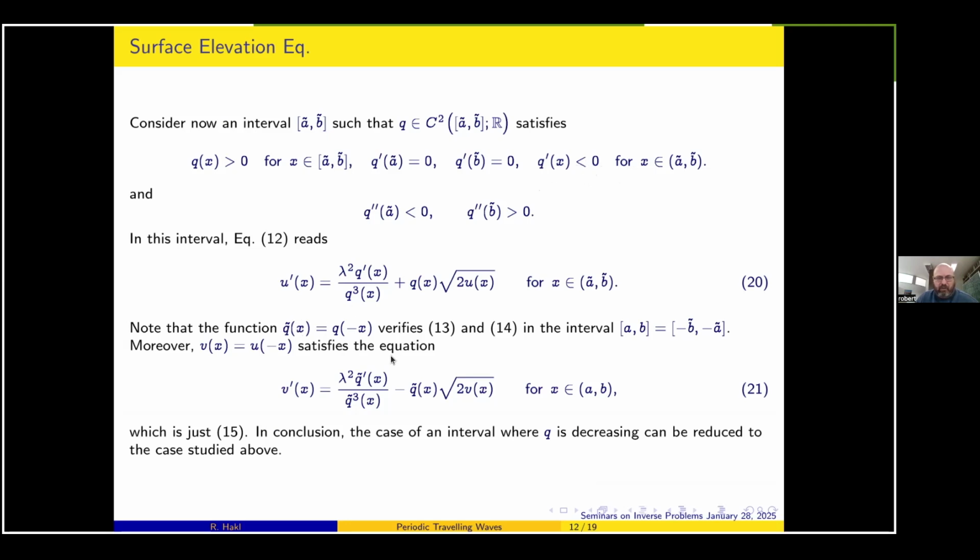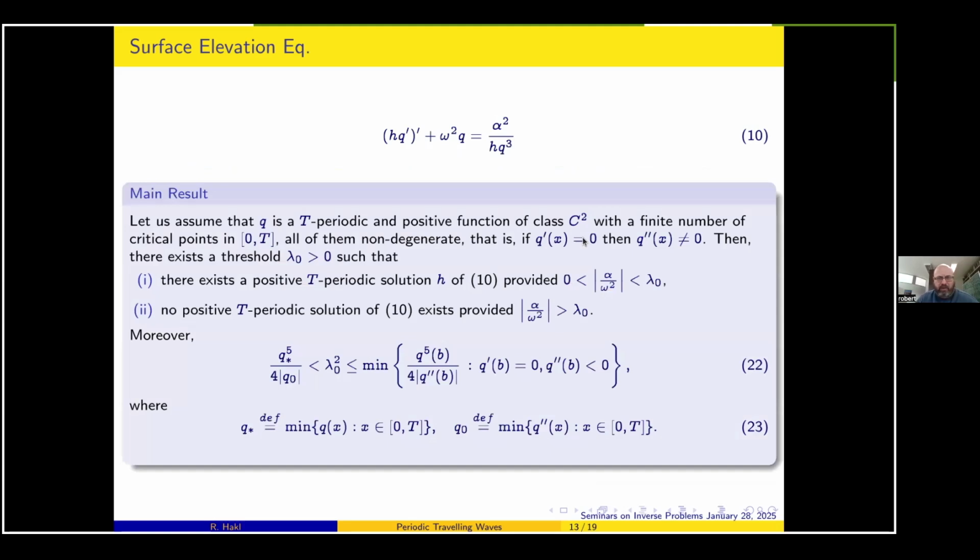So this substitution transforms this case with negative derivative of q to the previous one where the derivative is positive.